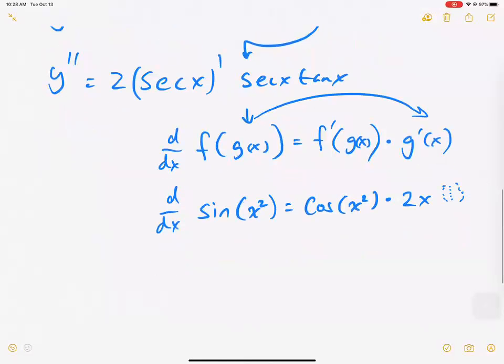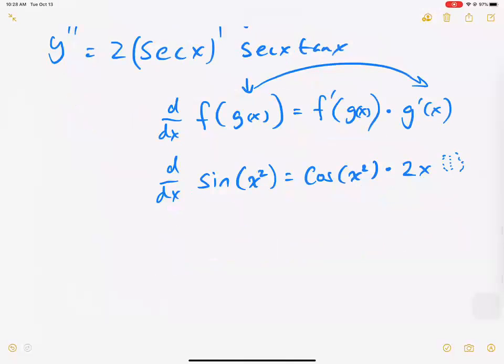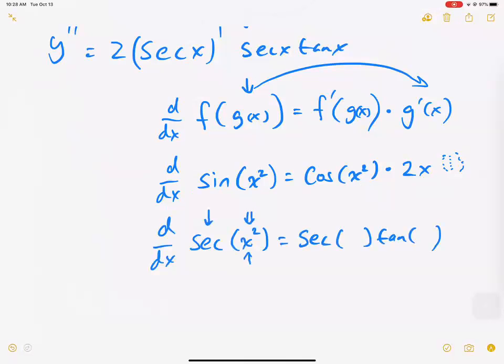Okay? And this rule translates to, let me do one more. d over dx, let's do secant of x squared. We say what's the derivative of the outside function first, followed by the inside function. So the derivative of the outside function is secant tangent, and we copy the inside value because that does not change.